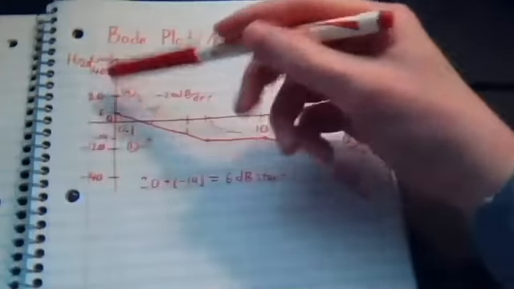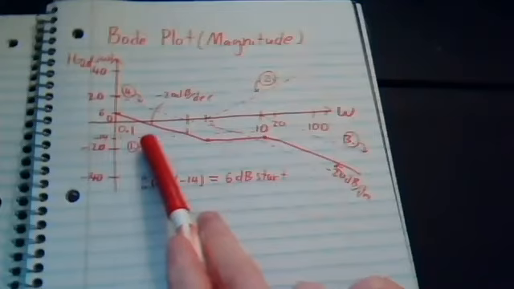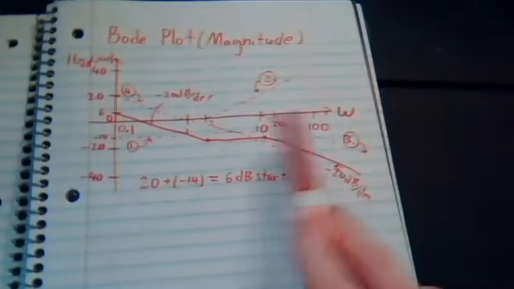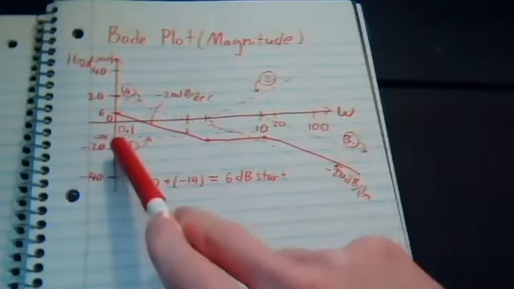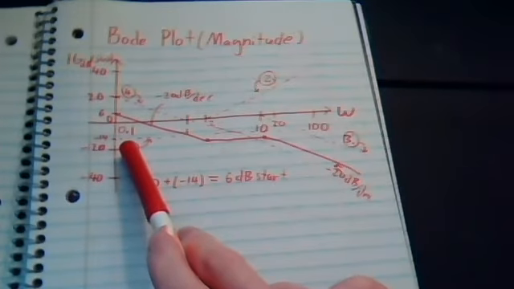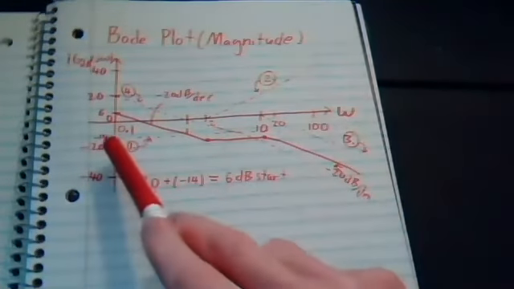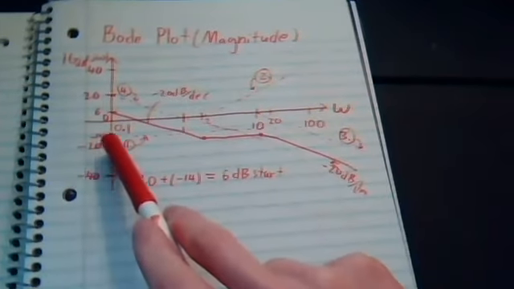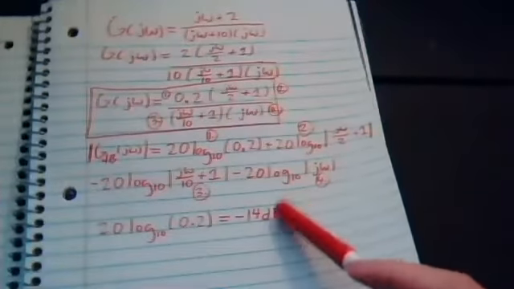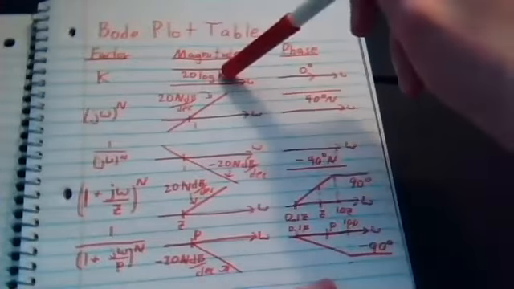My vertical axis corresponds to decibels, my magnitude in decibels. I'm going to plot each of my 4 terms as a dotted line to represent how that individual component contributes to the overall Bode plot. So my first one is just at -14. It's a constant value, and that's what we found it to be, and that's what the table says it should be. It should just be a straight line.